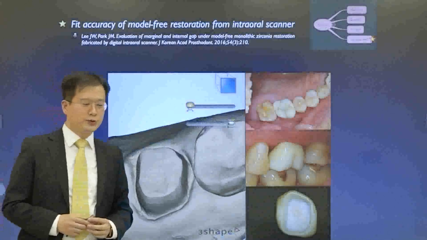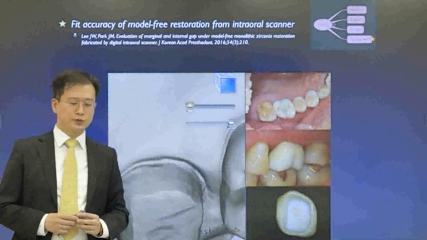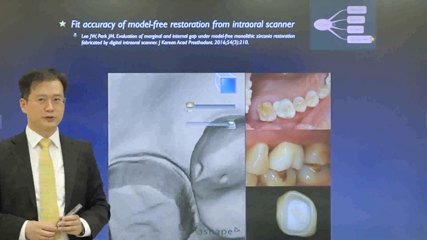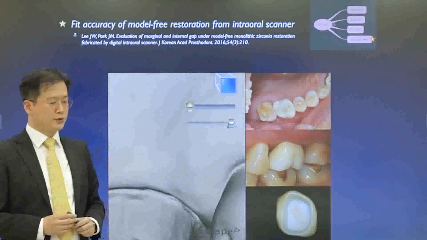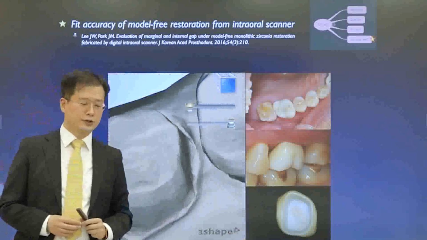If you come to use an intraoral scanner, you will often produce a full zirconia crown with a model-free zirconia restoration. Will this treatment result in a restoration with good fit for clinical use?